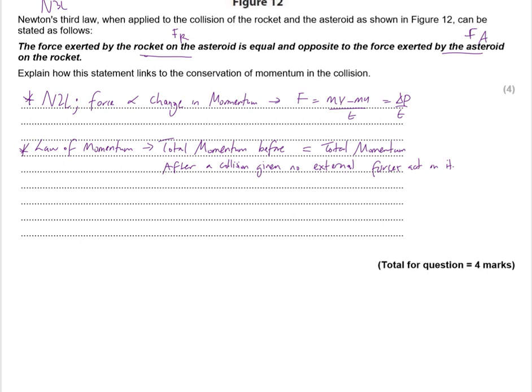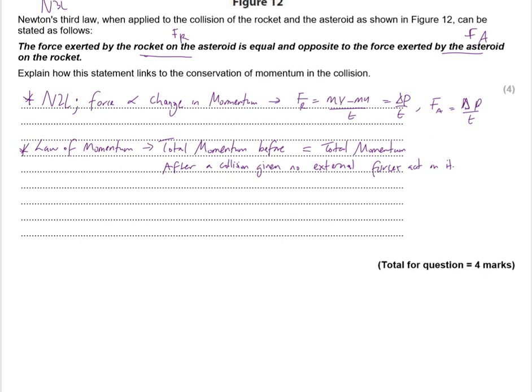Now if we go back to Newton's second law, the momentum here is for the rocket, therefore we're going to have the same equation for the asteroid. The change of momentum will be the same for both of them.